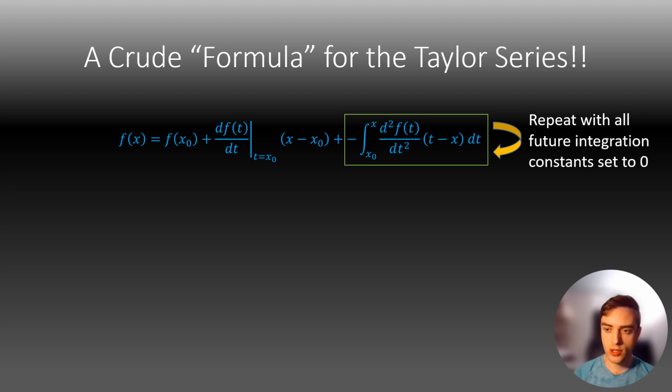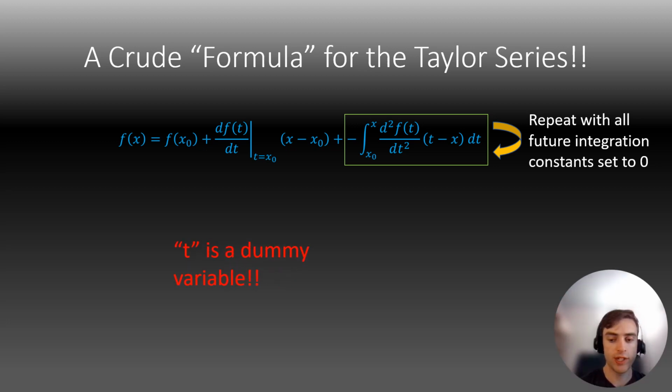As a result, we're going to obtain an unsimplified and messy polynomial, but still a polynomial nonetheless, with the integral term at the end. And then we just have to drop that integral term, and then boom, you've got the Taylor series approximation.